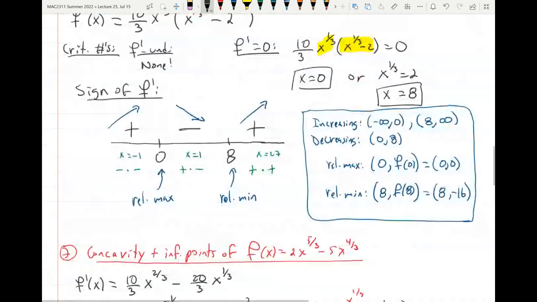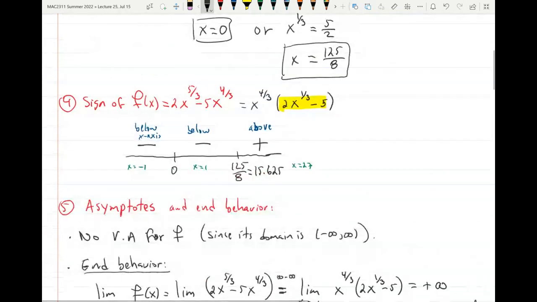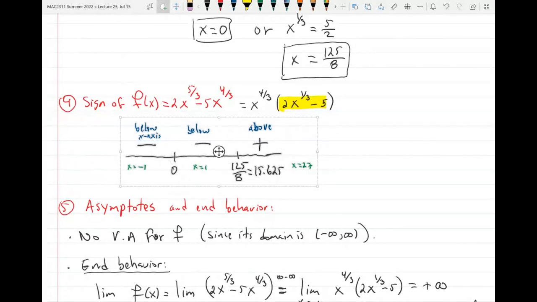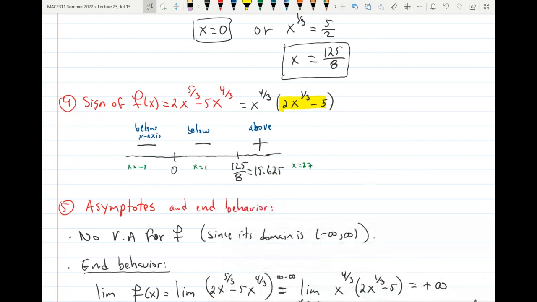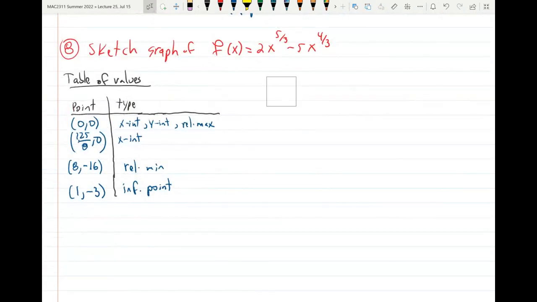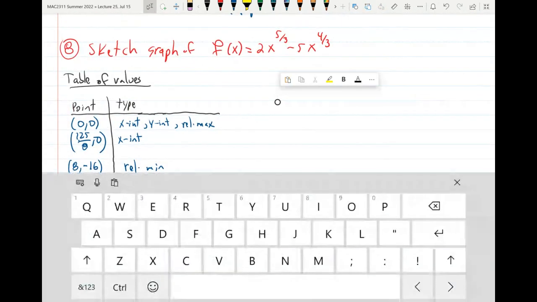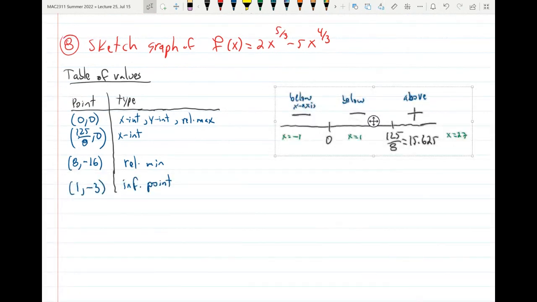So for example, I want to have the sign of the function. I want to keep this, so let me make this handy for us. Copy this. I'm gonna have it here.